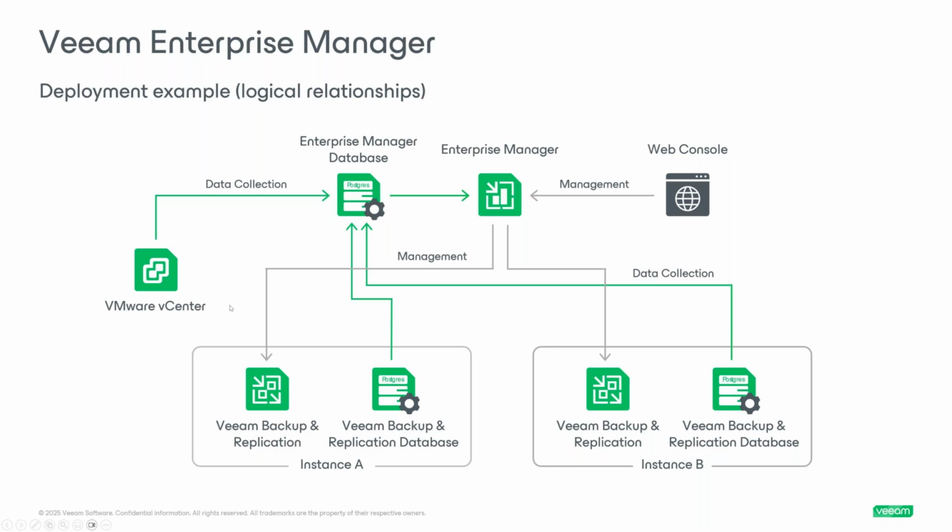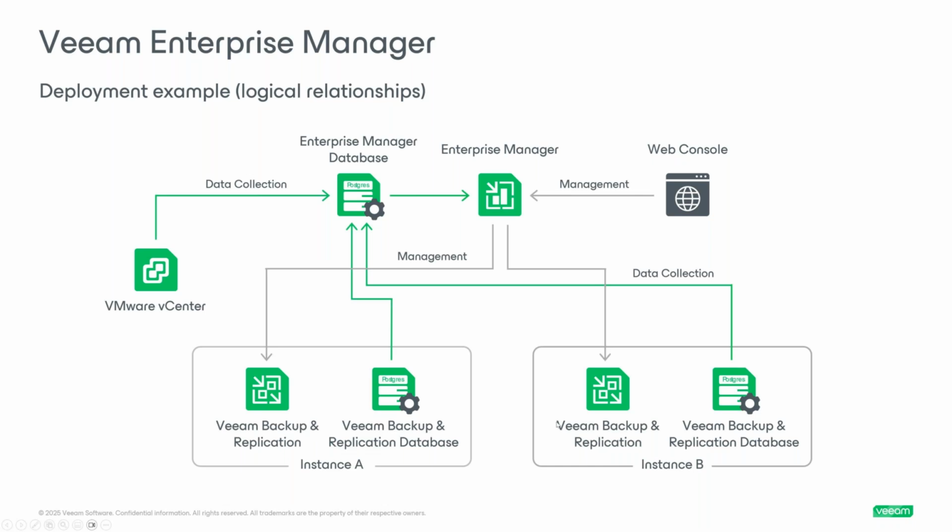This page here just shows the connections that you will be making with the different components that you will be using along with the backup application and Enterprise Manager. So your VMware vCenter will be connected to the Enterprise Manager database.